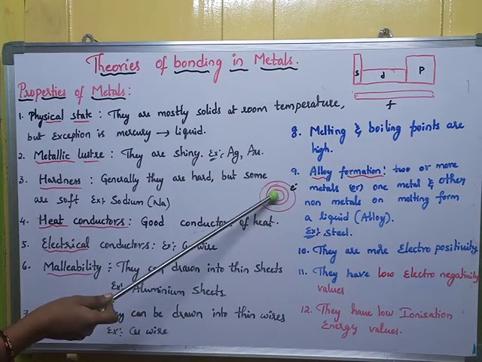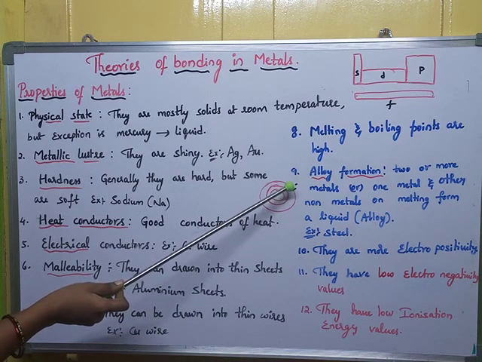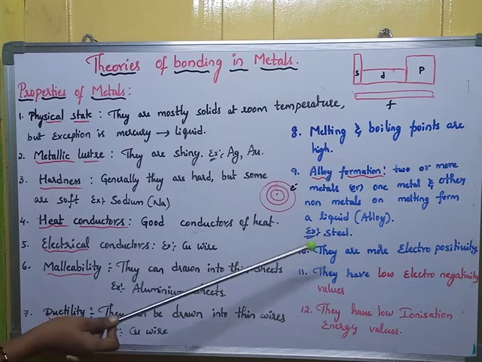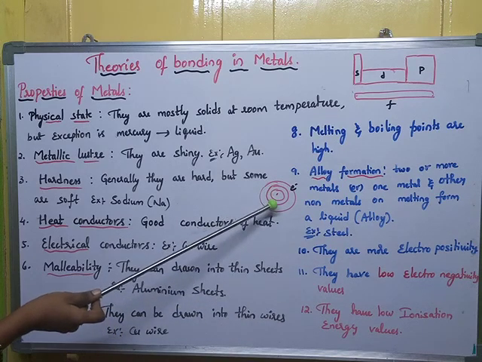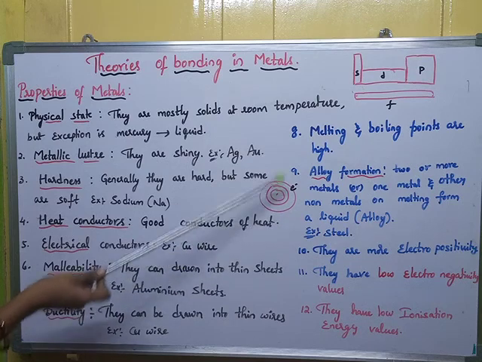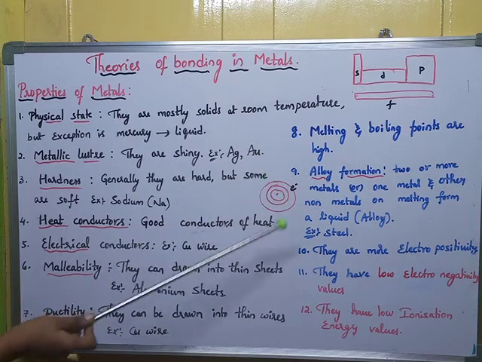The nucleus is not showing more attraction on the valence electrons, so electrons can be easily removed. That property is called electropositivity. Metals have high electropositivity, meaning they readily lose electrons.